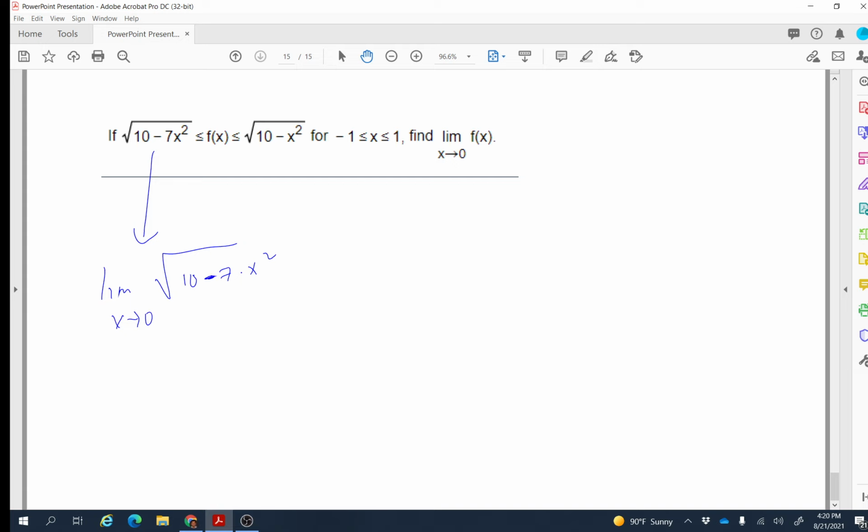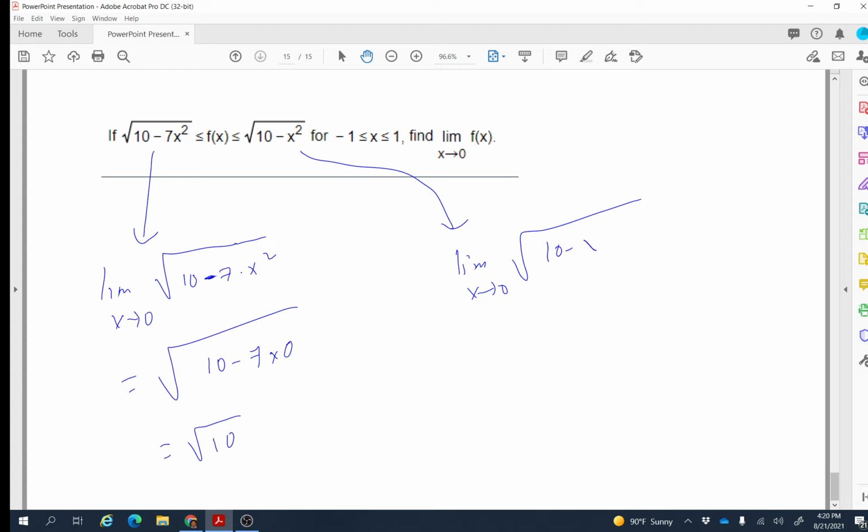By using limit laws, the left one is the square root of 10 minus 7 times 0, and 7 times 0 is 0, so it's the square root of 10. And the limit of the right function, the square root of 10 minus x squared, is the square root of 10 minus 0, which is the square root of 10.